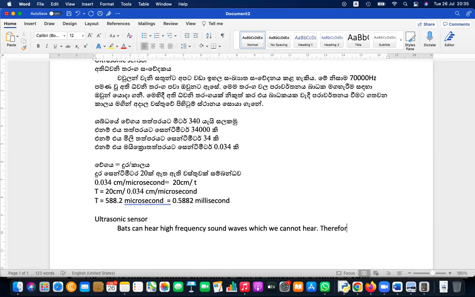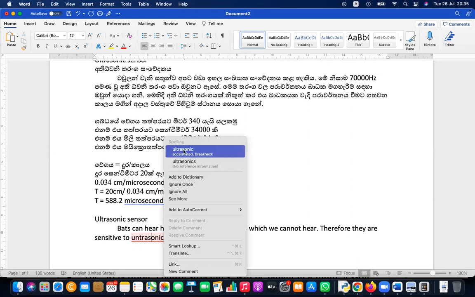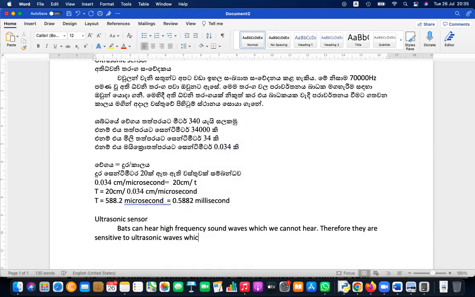Therefore, they are sensitive to ultrasonic waves, which are beyond 20,000 hertz and can even reach 70,000 hertz.